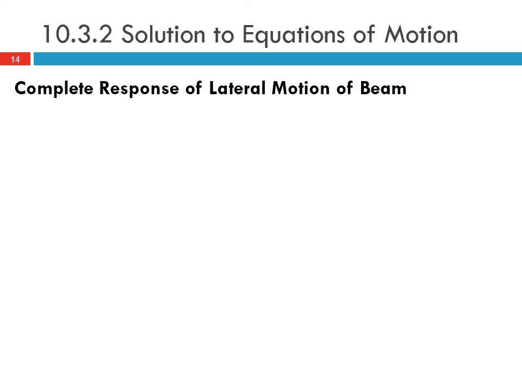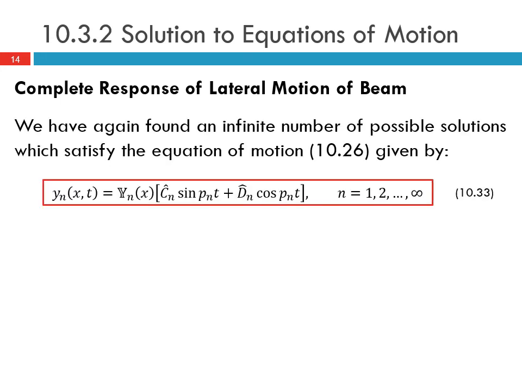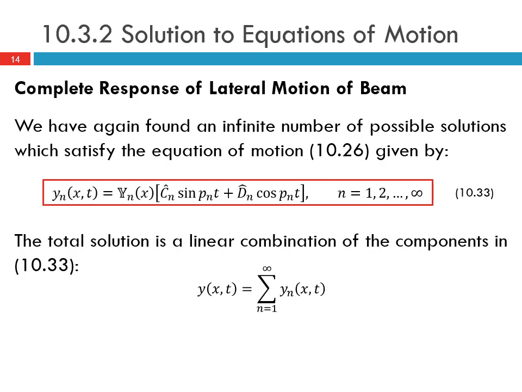So to determine the complete response of the lateral motion of a beam, we have again found an infinite number of possible solutions which satisfy the equations of motion. These solutions are y_n of x and t is equal to y_n of x times c_n sin pt plus d_n cos pt, where n goes from 1 to infinity. So the total solution is a linear combination of these individual solutions.